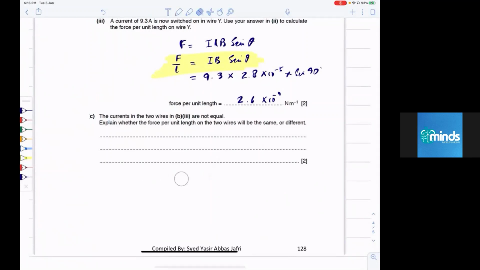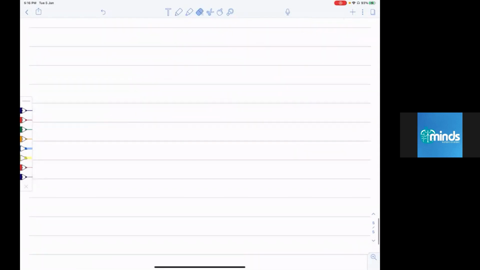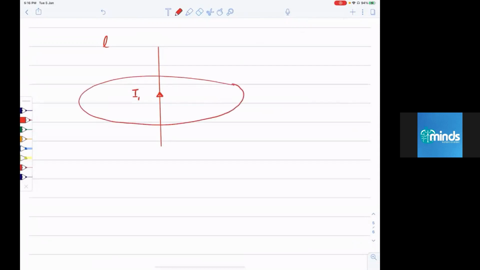Okay, let me do one thing. Let me draw the two wires. I guess you will understand easily. This is wire 1, whose length is L, current is I1. So it will produce a magnetic field. That magnetic field will appear something like this.